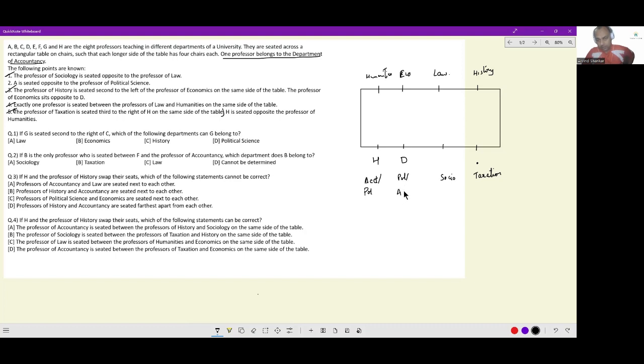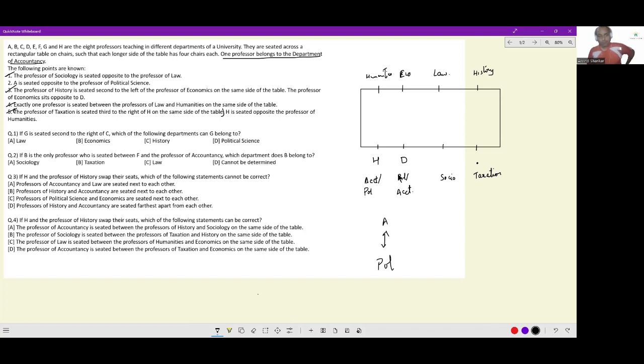Correspondingly, this is accountancy. Additionally, we know pol science is opposite to A. Wherever I decide to put pol science, that is the point where I will place A. So we've reached this information or this setup so far.